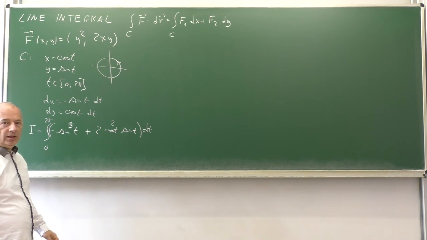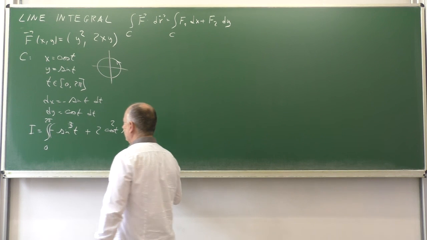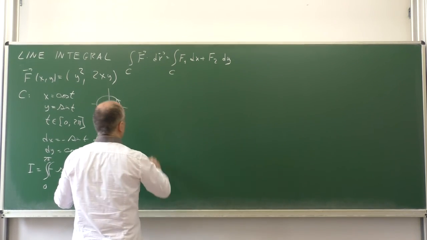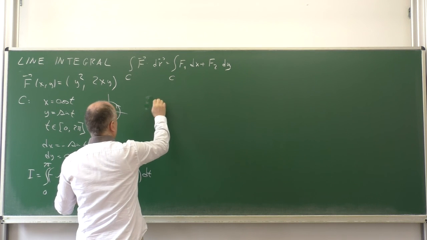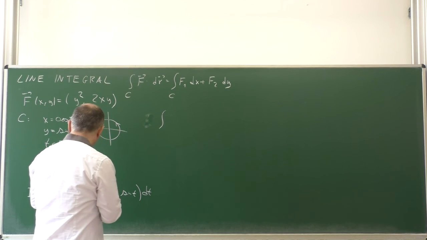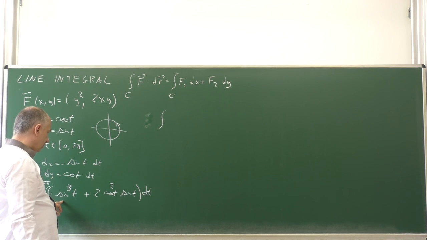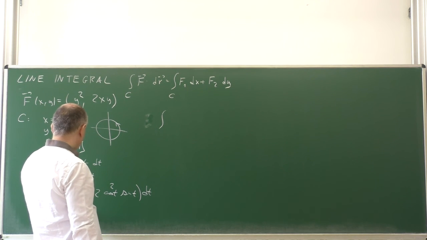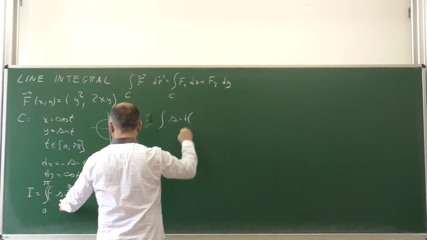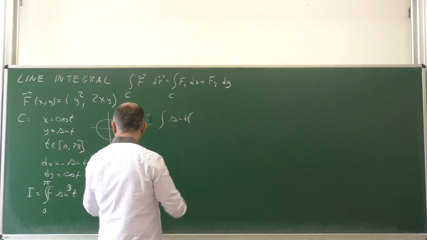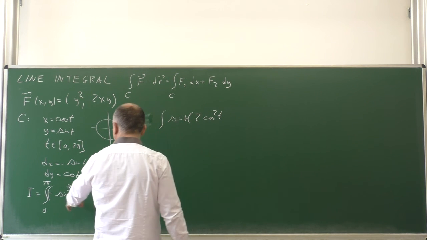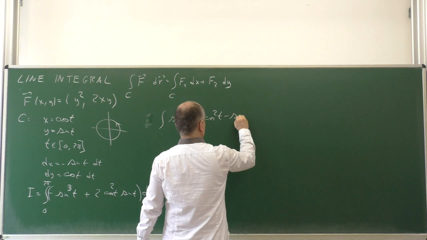To compute this integral, it's a good idea first to consider the antiderivative, without the limits. We can factor out sine, and we have 2 cosine squared of t minus sine squared of t.